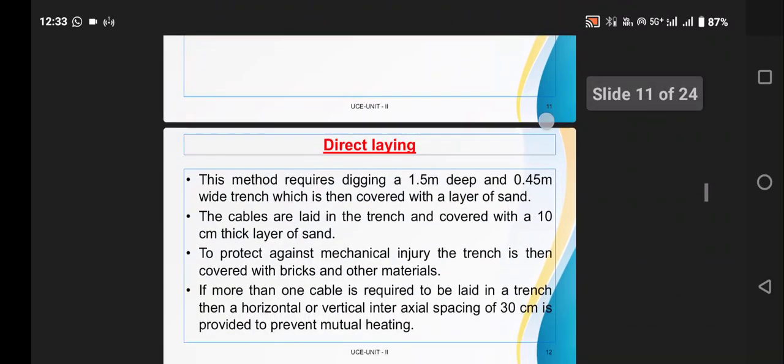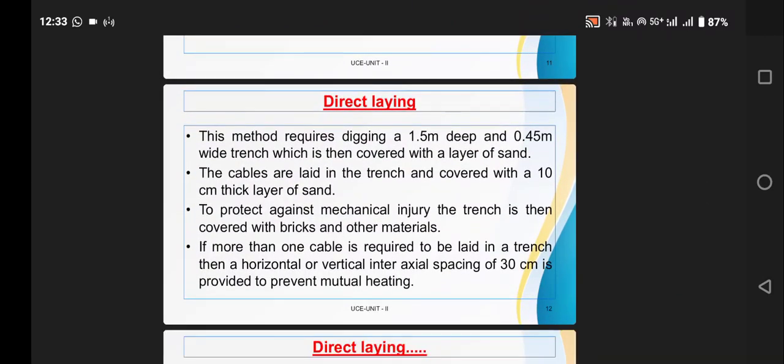The first method is direct laying. This direct laying method requires digging of soil into 1.5 meter depth and 0.45 meter wide trenches, which is then covered with a layer of sand. The cables are laid in the trenches and covered with a 10 centimeter thick layer of sand.